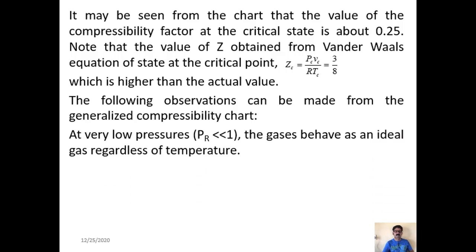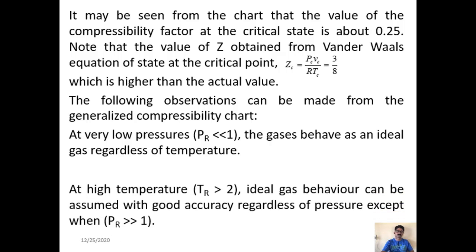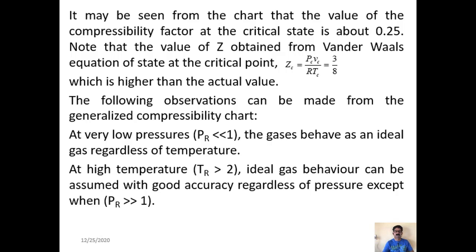At very low pressure, when reduced pressure is far less than 1, the gases behave as ideal gas regardless of temperature. Irrespective of the temperature, all the gases behave as ideal gas. At high temperature, where the reduced temperature TR is greater than 2, the ideal gas behavior can be assumed with good accuracy regardless of pressure, except where PR is far greater than 1.